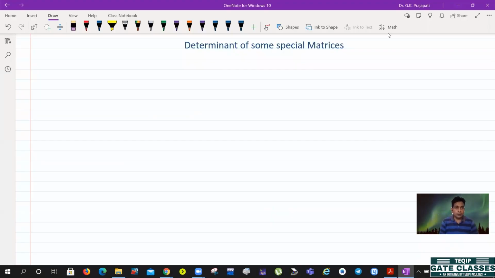First of all, we take a 3 cross 3 matrix whose elements are 1, 2, 3, 1, 4, 6, 0, 2, 1.